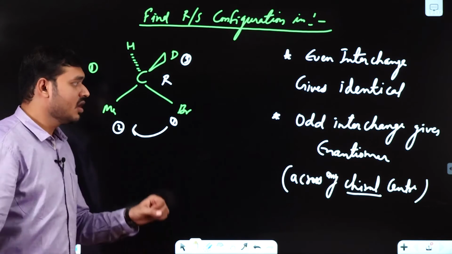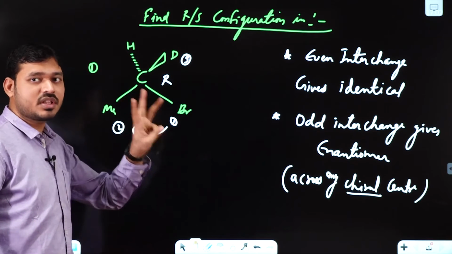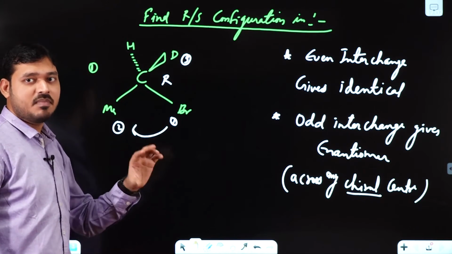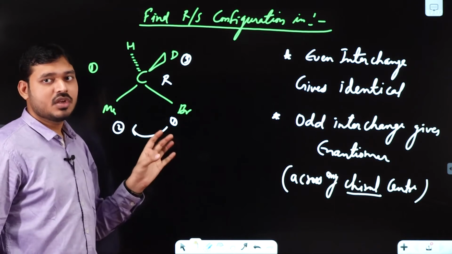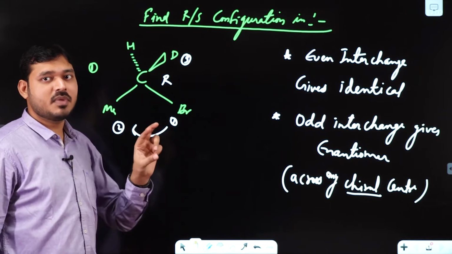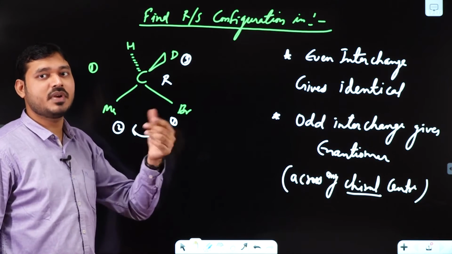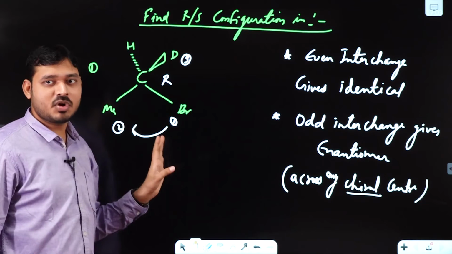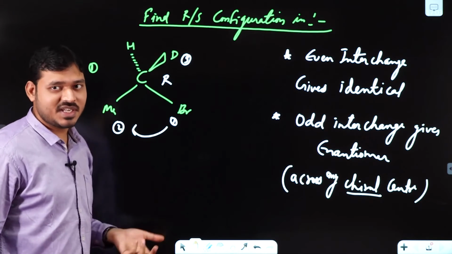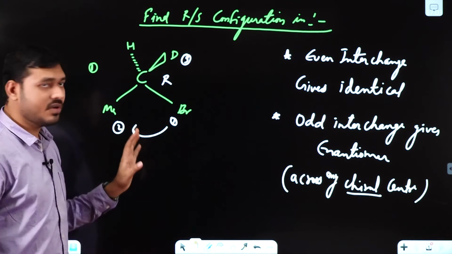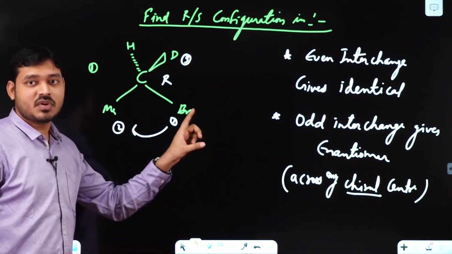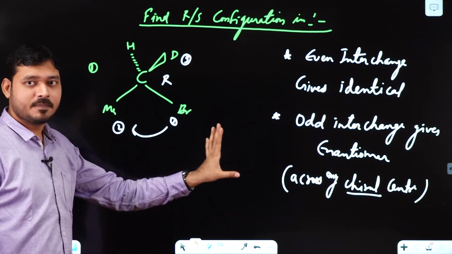Now if you make either one, three or five interchanges, means an odd number, you will get the enantiomer. So across any chiral center, if you make 2, 4, 6, an even number of interchanges, you will get an identical molecule, and if you make an odd number of changes, you will get enantiomers. Clear? Note it down. I will give you one example now. See, this is one of the cases, one part. Noted?